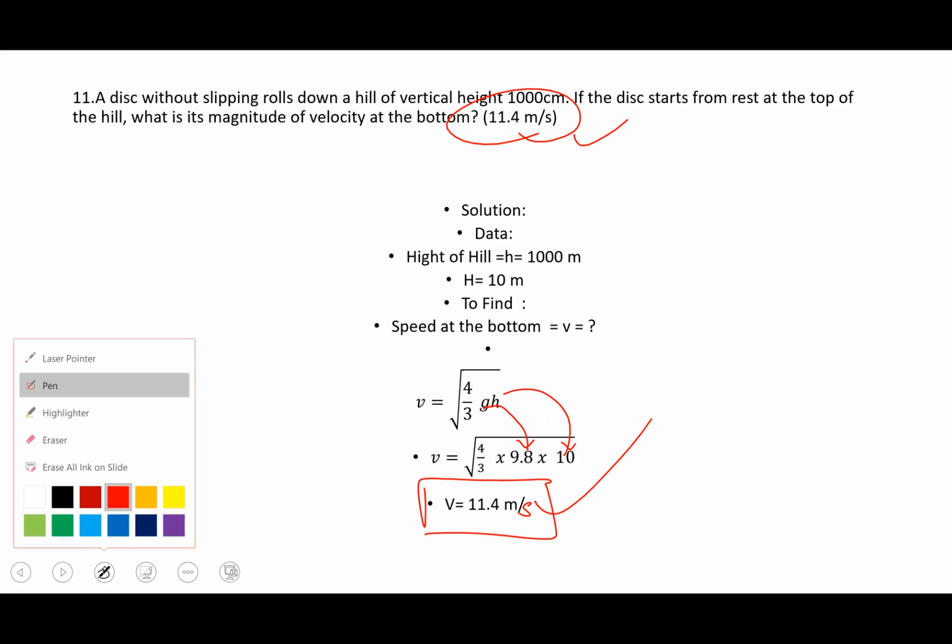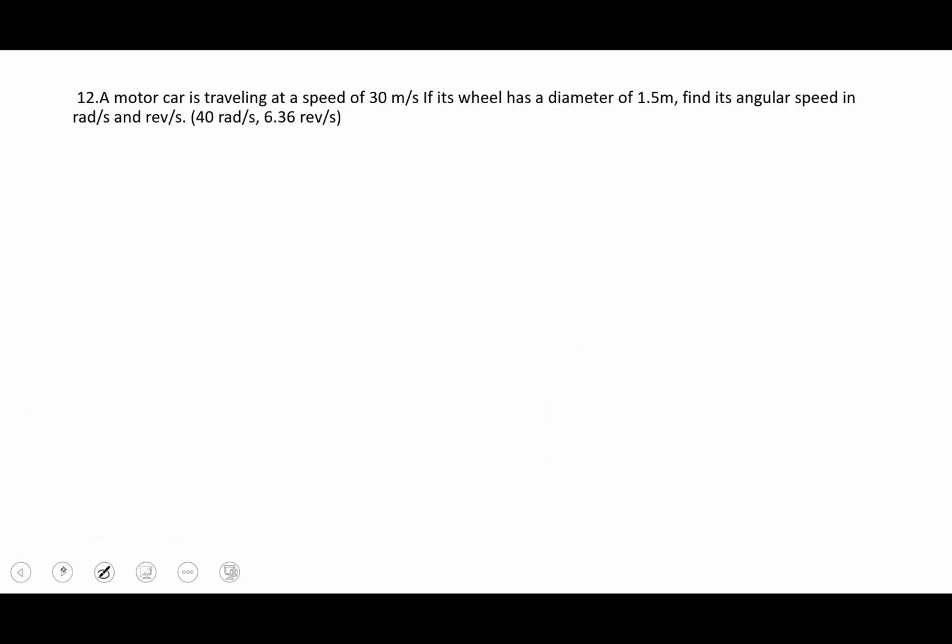Moving on towards the next question. A motor car is traveling at the speed of 30 meter per second. If the wheel has a diameter of 1.5 meters, find its angular speed in radian per second and revolution per second. Now, here we have a motor car. Let's draw a motor car over here.